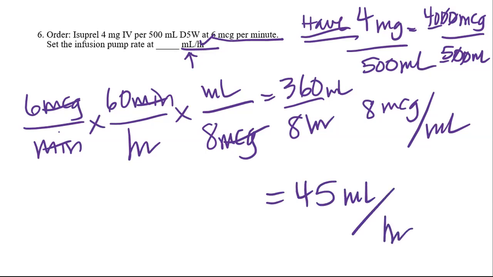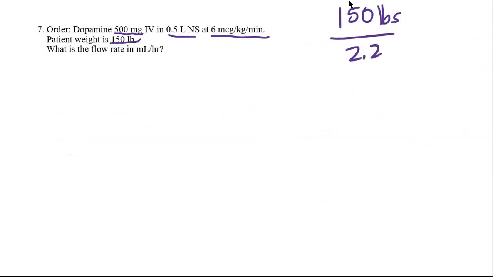And we got another one here. This is what we have: 6 mics per kg per minute. We got a patient who weighs 150 pounds. 150 pounds divided by 2.2 pounds per kilogram is going to be equal to 68.18 kilograms. So that's what the patient weighs.